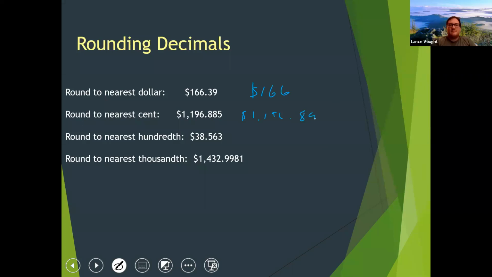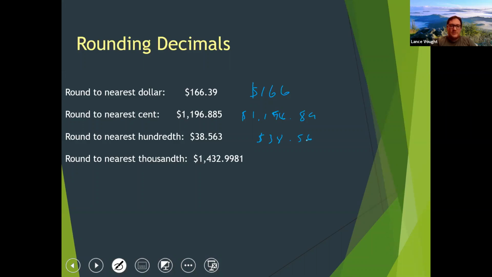Rounding to the nearest hundredth, which is the same as rounding to the nearest cent, we get 38.56 because the 3 is less than 5.